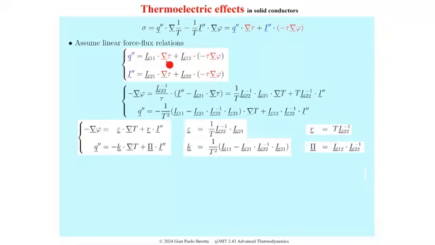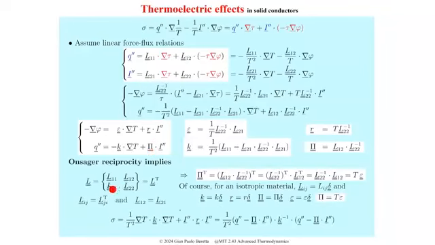So L12 is equal to L21. More precisely, since we're talking about tensors, you should think of this as a big system in which you have three equations for the components of the heat flux, and three equations for the components of the current density.